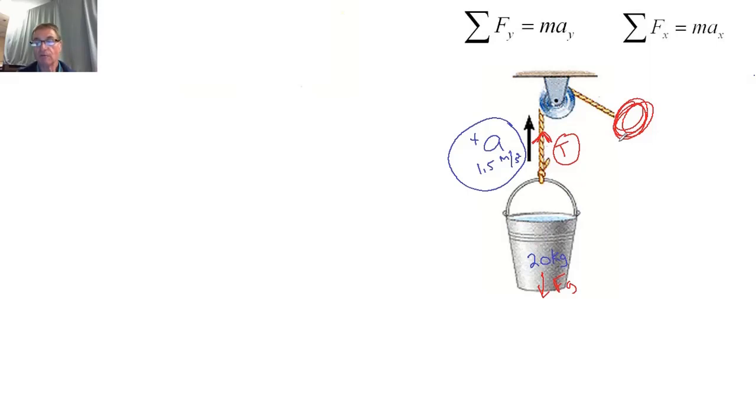So we've drawn the two forces. There's only two forces. There are no x direction forces, only y direction forces. So at this point, we can write our equation in the y direction for our forces. We've got T minus Fg, where T is positive and Fg is negative because it's going in the downward direction, equal to ma.